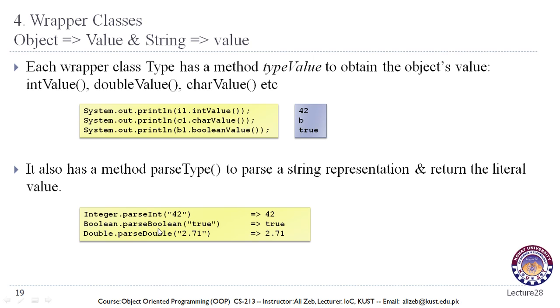Boolean.parseBoolean will return the value of the string over here, and Double.parseDouble will return the double value of the string over here. We have used some of these in our previous examples and applications. If you remember, here we are providing more detail of how it is done in Java.